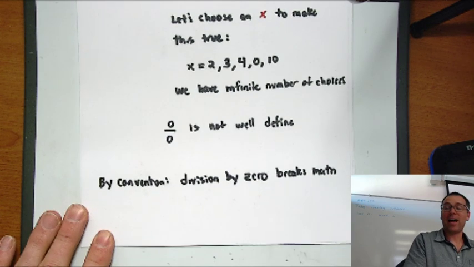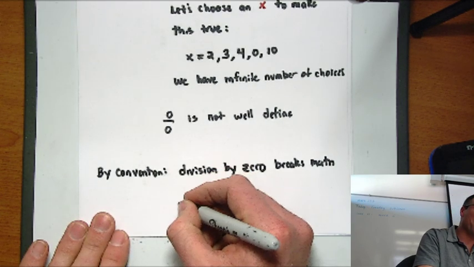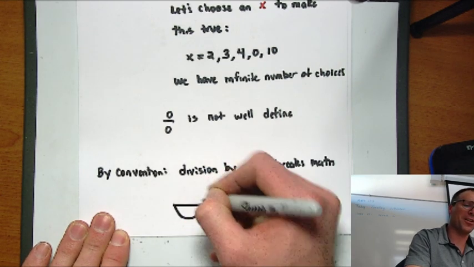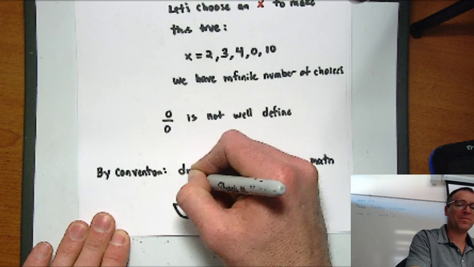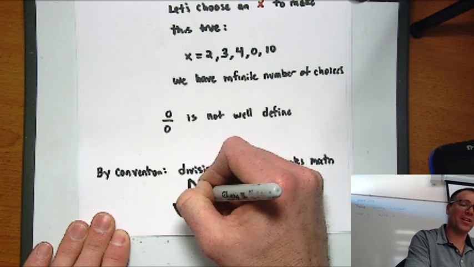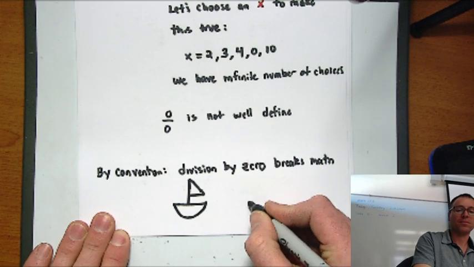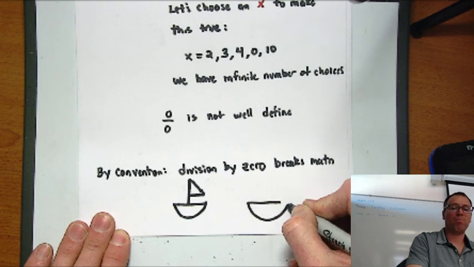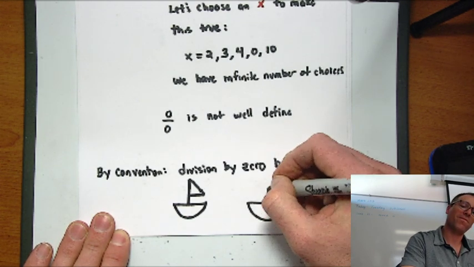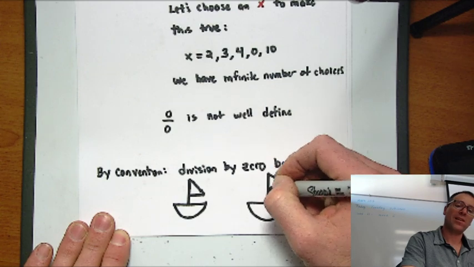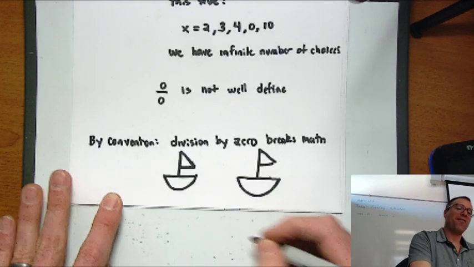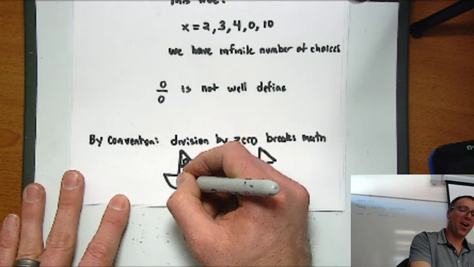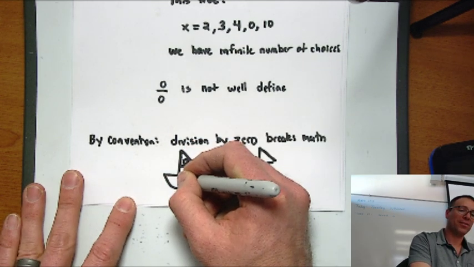One of my students really made me laugh years ago. They knew that I was into hip hop, and they drew this boat. They said, if I have a 0 in my sail and a non-zero in my boat, I'm okay.